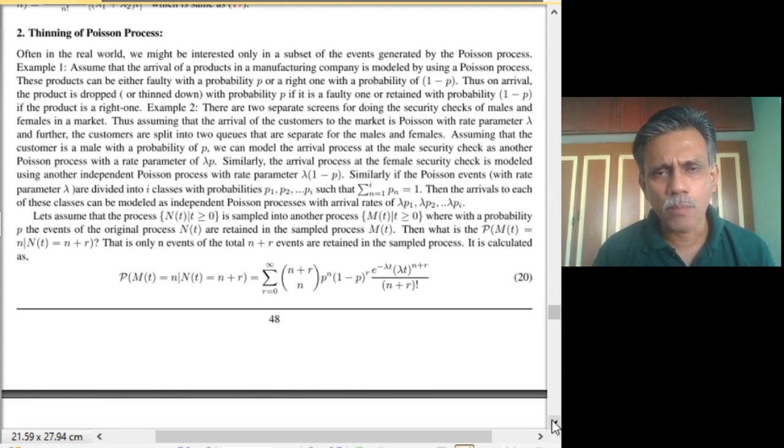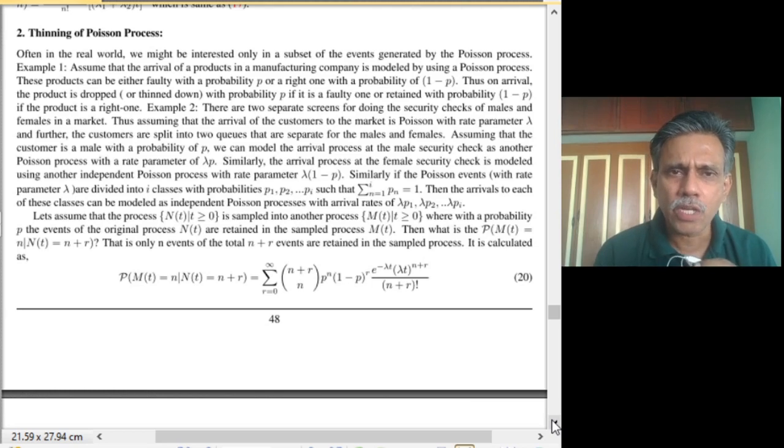We use the same rule, and each event is labeled or segregated into one among the two queues in a manner which is independent of the way we segregated the previous one. So each arrival is independently routed to one stream or another. Therefore we have a forking and two streams are realized.